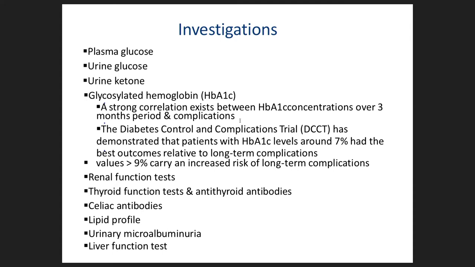But hemoglobin A1C has another important value in any child, adolescent, or adult with diabetes: to recognize the control of the disease. Up to 7% hemoglobin A1C in a patient with diabetes is a good control.